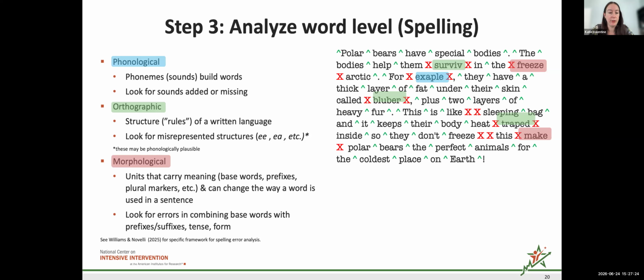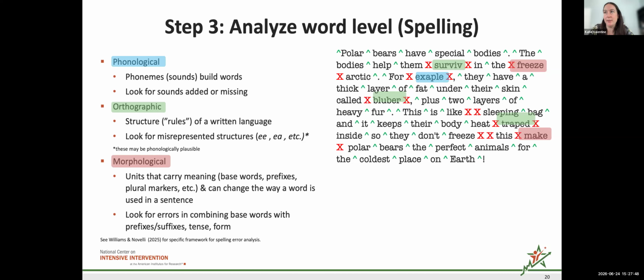They can change it from a verb to a noun. There are lots of different ways of manipulating these words based on adding or subtracting morphemes. So these all come with rules as well. So with morphological errors, you'll want to look for errors that students are making in combining those base words with those different morphemic pieces. So prefixes, suffixes, tenses, or forms.